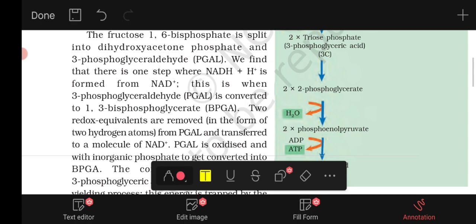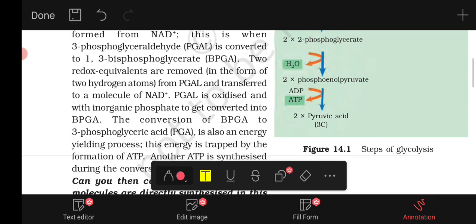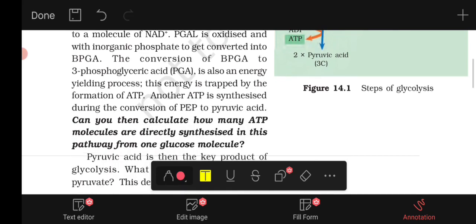Two redox equivalents are removed in the form of two hydrogen atoms from PGAL, phosphoglyceraldehyde, and transferred to a molecule of NAD+. 3-phosphoglyceraldehyde is oxidized with inorganic phosphate to get converted into 1,3 bisphosphoglyceric acid. Then the conversion of 1,3 bisphosphoglyceric acid to 3-phosphoglyceric acid is an energy yielding process: one molecule of phosphate is removed, so there is synthesis of ATP.